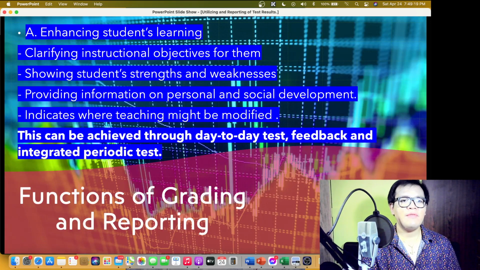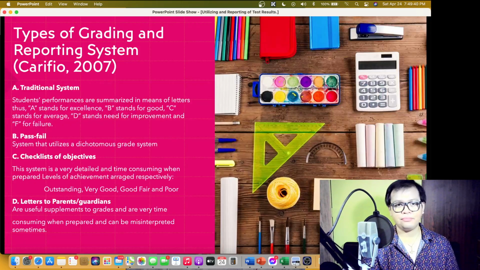We could also enhance students' learning. This is to make sure that there is clarifying of instructional objectives for them, showing students' strengths and weaknesses, providing information on personal and social development, and indicating where teaching might be modified. This could also be achieved through day-to-day tests, feedback, and integrated periodic tests.